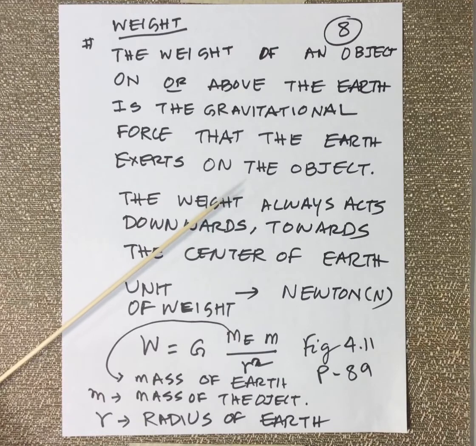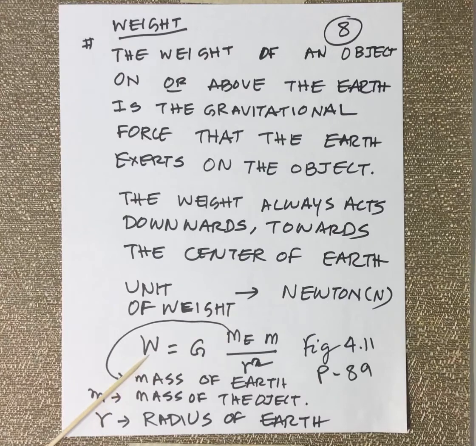So there will be an external force acting on that object, and that is due to the earth. And the weight always acts downwards towards the center of the earth. The unit of weight is newtons, like force.